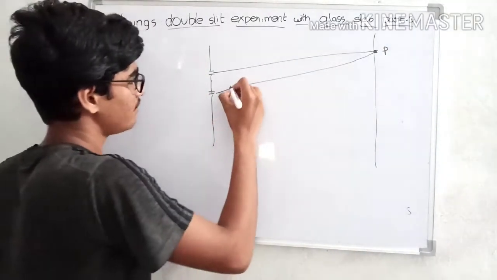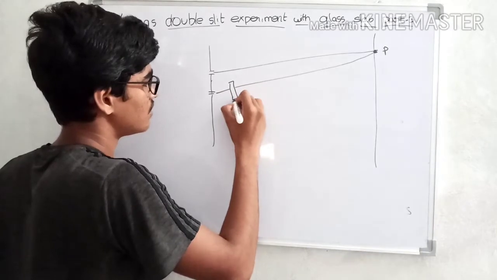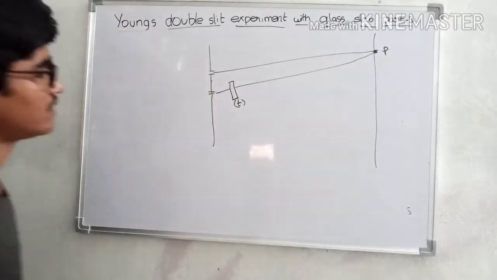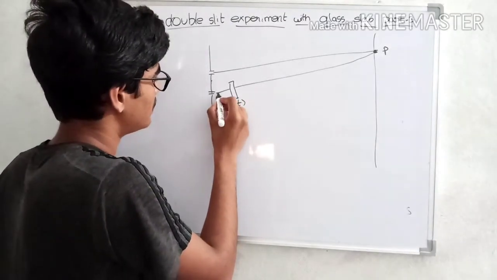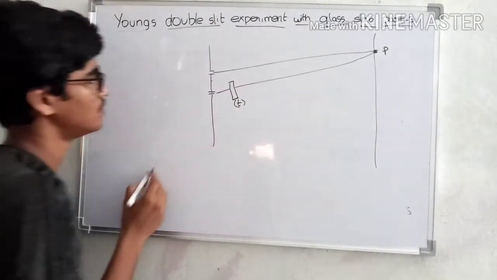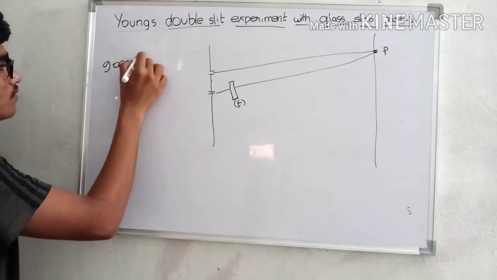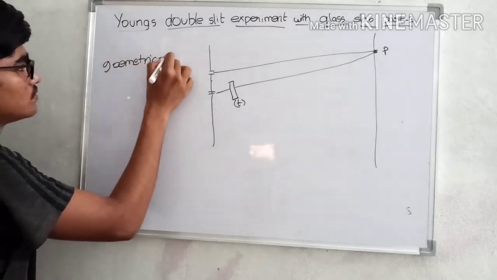If a glass slab of thickness T is placed here, then we know the actual, that means geometrical, path difference.